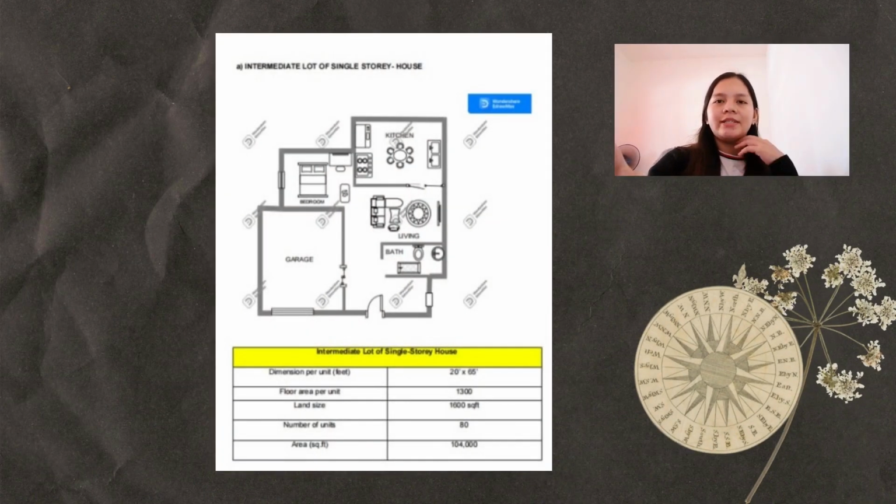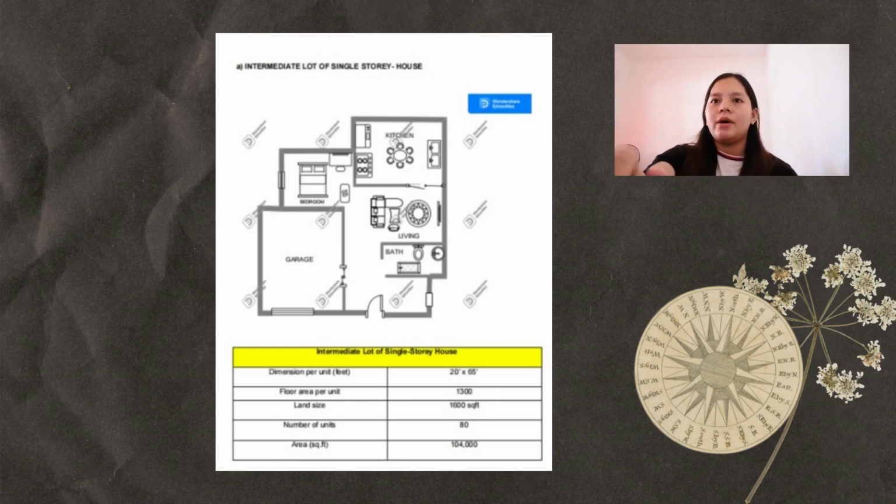Next we can see the pictures of the intermediate lot of the single story house. This is our model for the intermediate lot of single story house. First of all, the dimension per unit in feet is 220 multiplied with 65. So we get the floor area per unit, that is 1300. Then the land size is 1600 square feet.